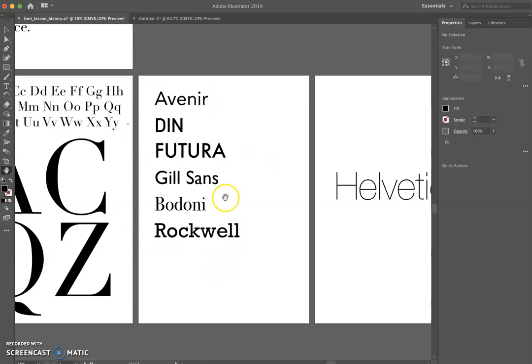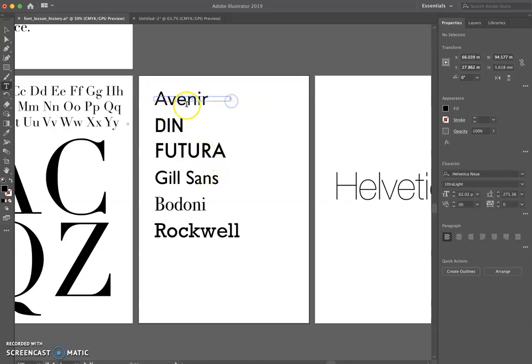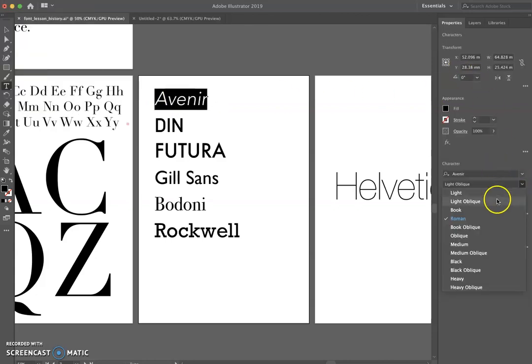They're classic and usually pretty safe. And they also have various weights that would give you some variety within your typeface. So if I wanted to take Avenir there, I don't have all of them, but there are a lot of different treatments of each of these fonts, and they're all professionally designed classic fonts.